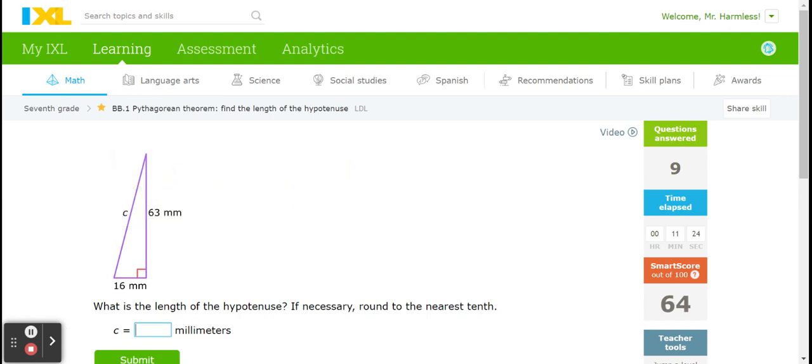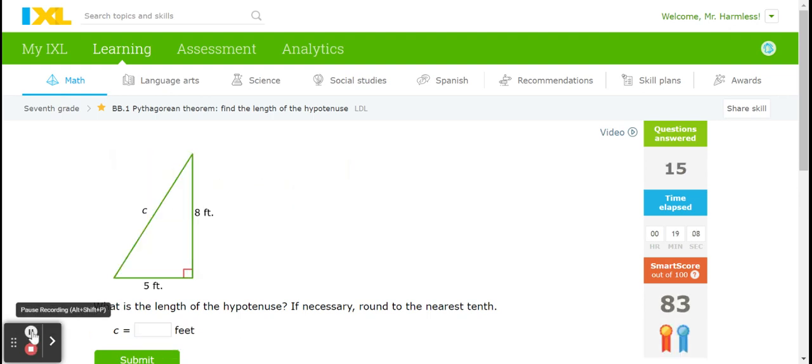I'm going to pause again and see if I get to a few here that don't come out evenly. All right, so I made it all the way to smart score of 83 before they gave me one. So it's not till after you get to 80 that you're going to get one like this. So you can stop at 80, but if you did go beyond that, the idea is the same. 5 squared plus 8 squared equals c squared, and 5 squared is 25. 8 squared is 64.